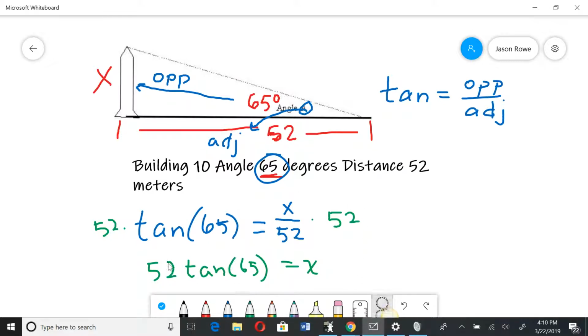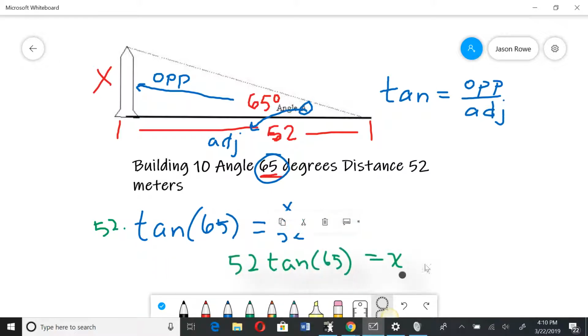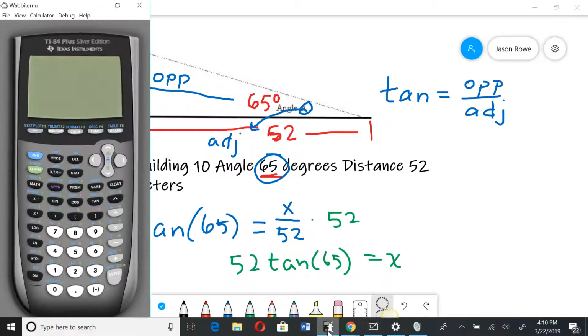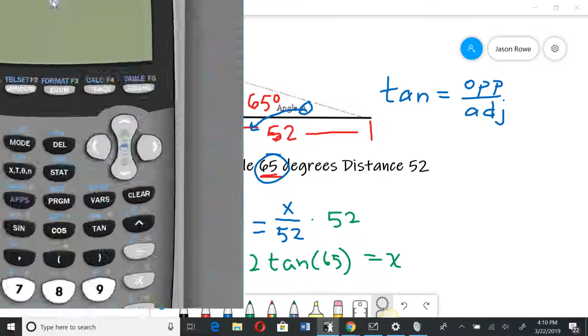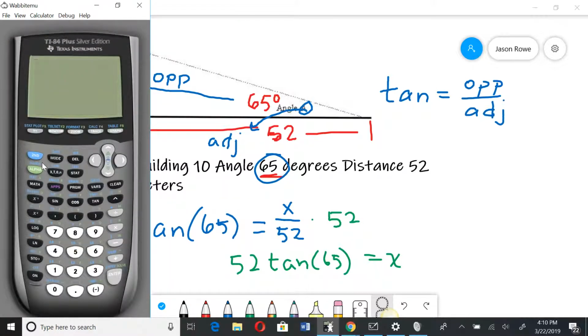And I'm going to move this over just a little bit so I can see both things. So here's my calculator. First thing you want to do with your calculator is make sure it is in degree mode. So hit mode. And if you look down where it says radians and degrees, degree needs to be highlighted.